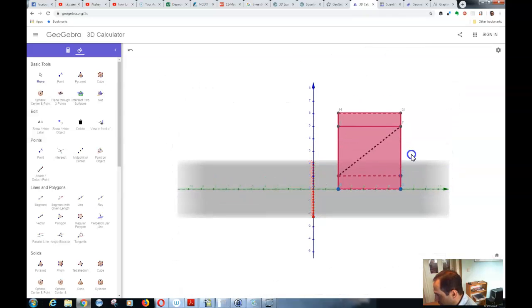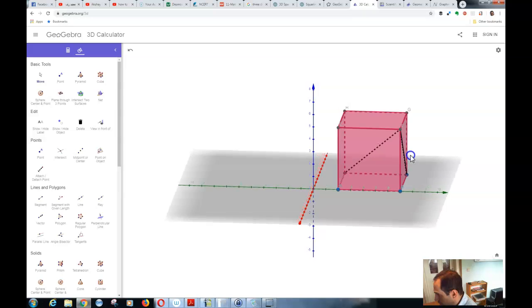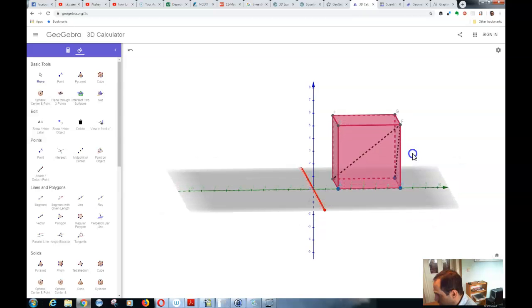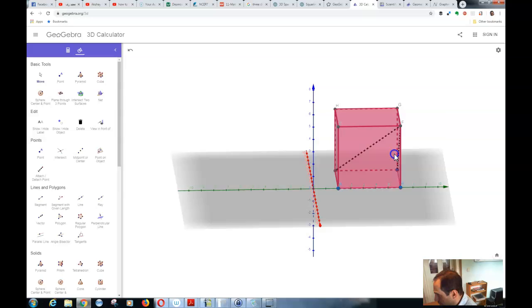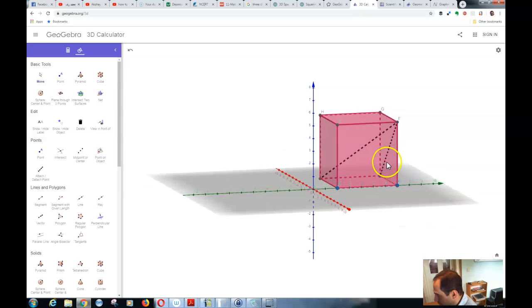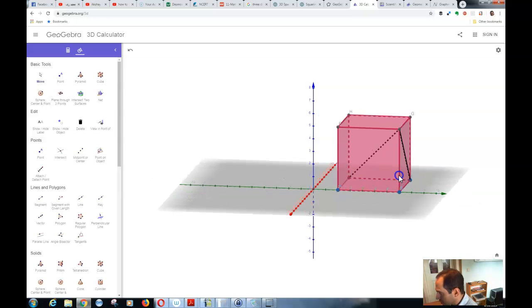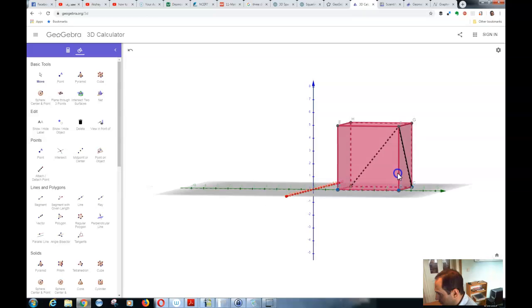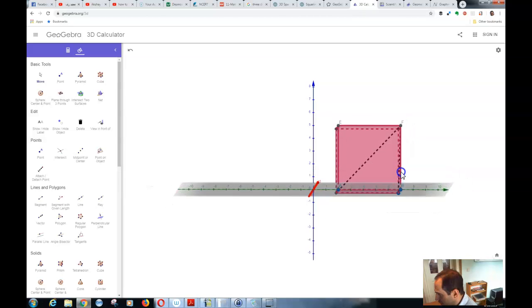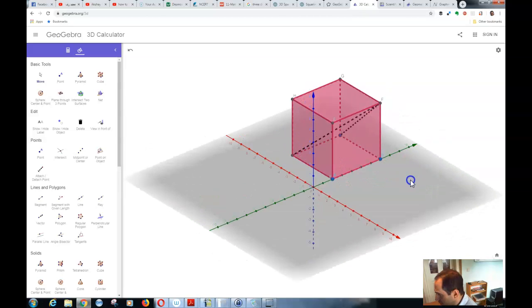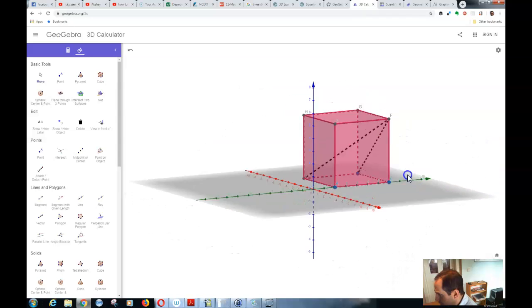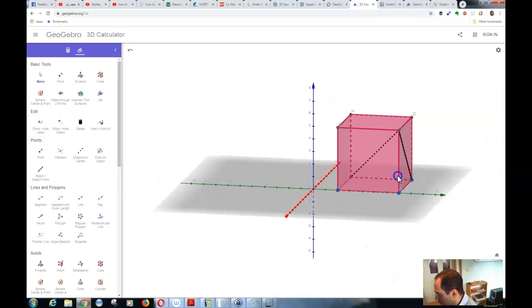And of course, if you pay attention to the angle between this black line and this base of the triangle, you can easily see that this angle is a 90-degree angle, as you can see.